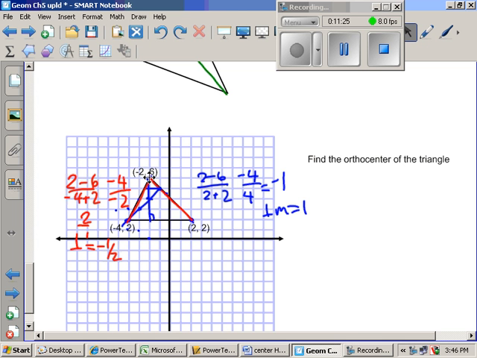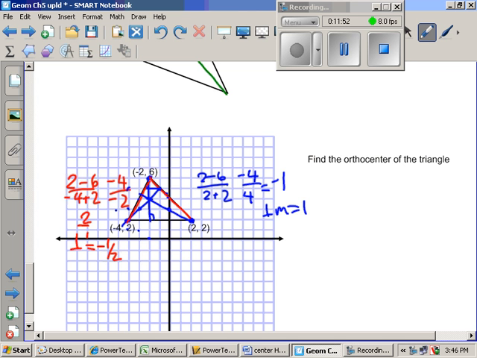So again, I'm calculating it from this side, because I'm trying to get over 2 here. So I go up 1, left 2, up 1, left 2, up 1, left 2. So my last perpendicular line would be there.